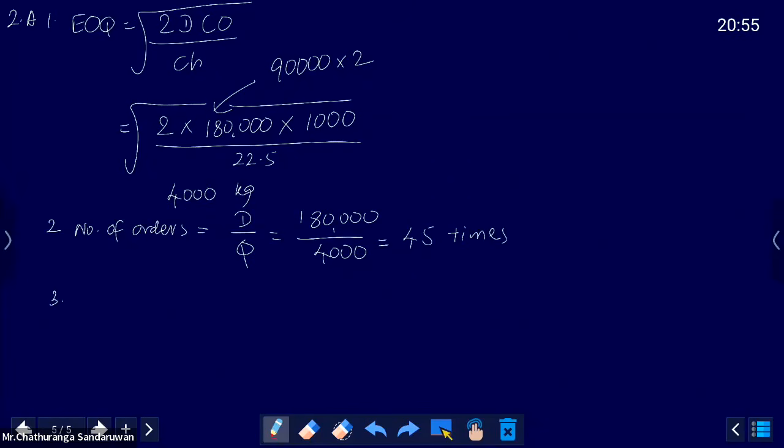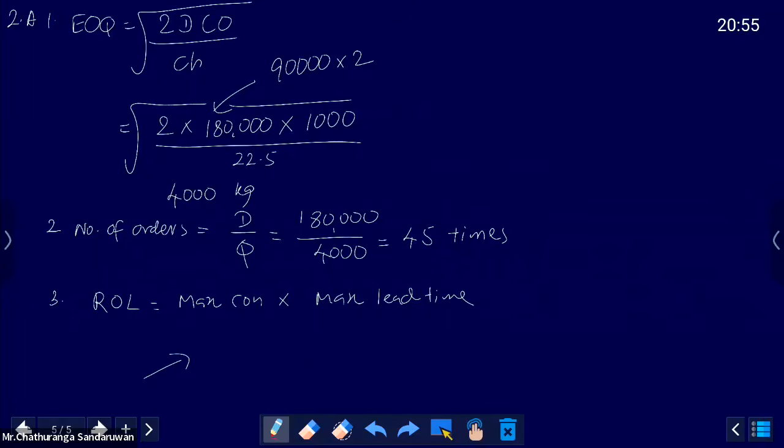Number 3, reorder level is equal to maximum consumption into maximum lead time. They say maximum consumption is not given, but the average consumption is given. Based on that we can find it, right?